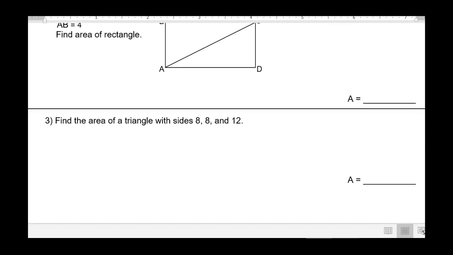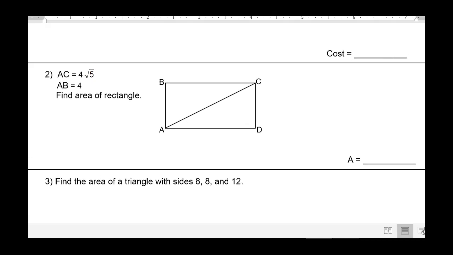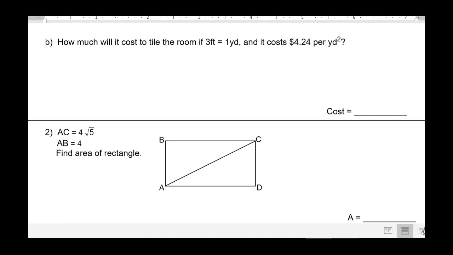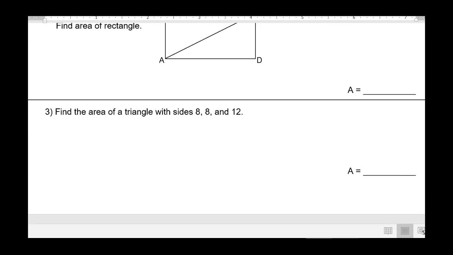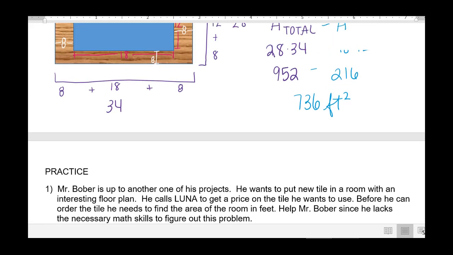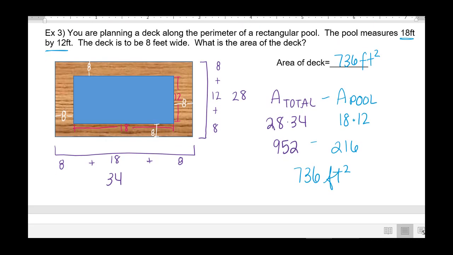And maybe we can even apply a formula that we might remember about the area of the triangle. So go ahead and pause the video and try the next 3 examples. Once you've tried those 3 examples, you can unpause the video and check your solutions that way. Thanks again for your flexibility and enjoy.